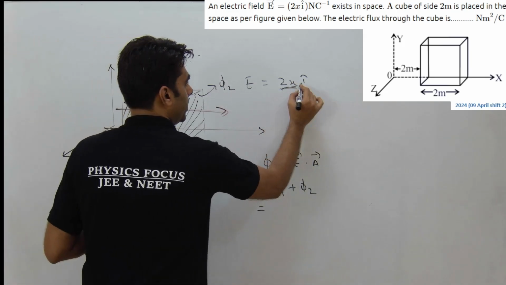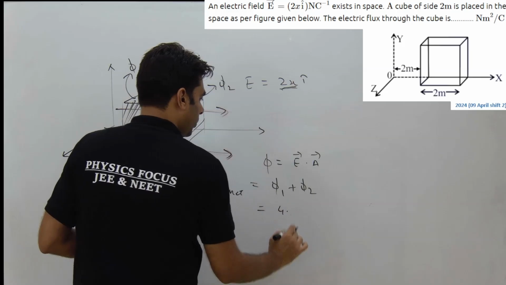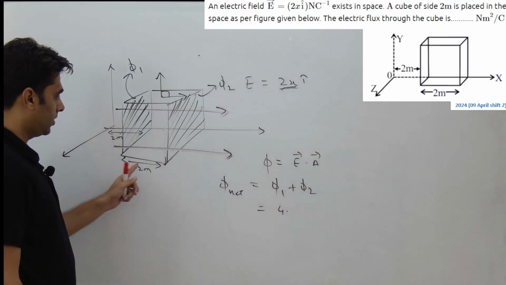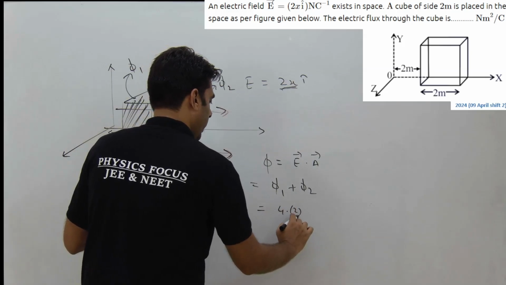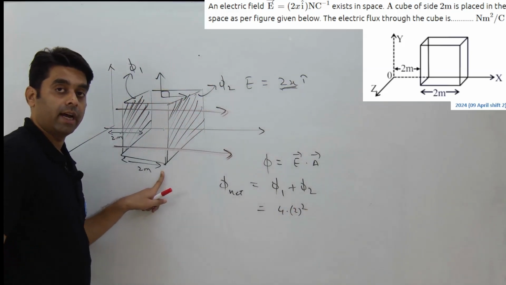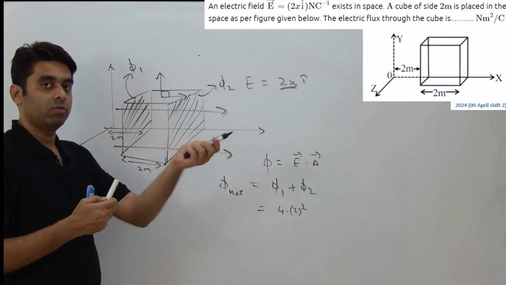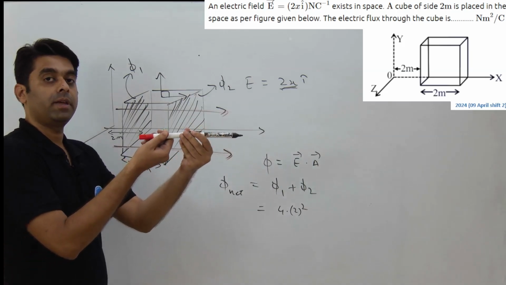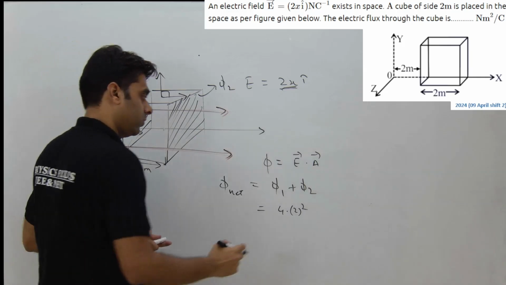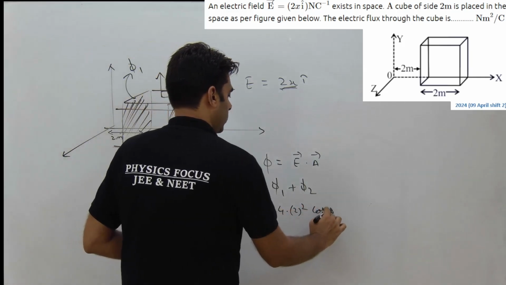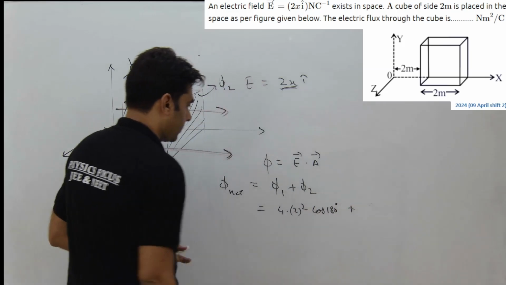How much will it be? 2 into 2, 4, into area. Area will be how much? It is given to us as 2 meter. So area will be 2 square, and cos theta. The angle between them: electric field is towards positive x, whereas the area vector will be outward. And for a closed surface we take the area vector outward. So this one will come out to be cos 180.